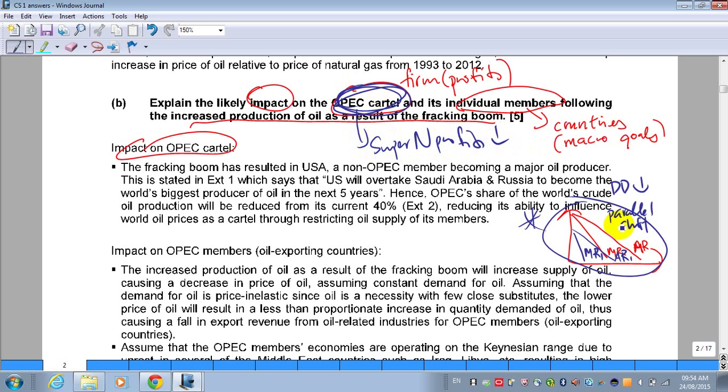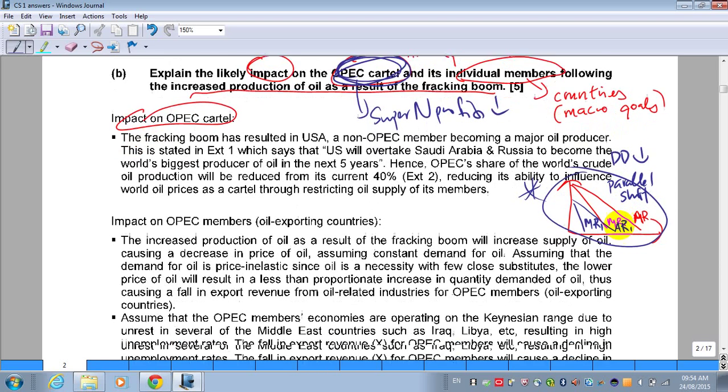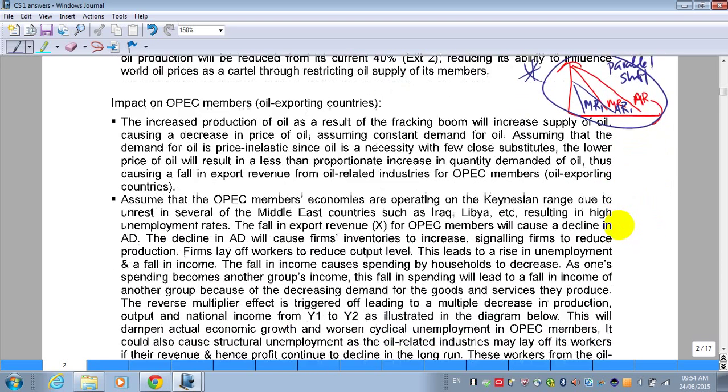Countries like Saudi Arabia are part of OPEC. If the demand for its products falls and its profits fall for the cartel as a whole, it also means that Saudi Arabia's export revenue is falling because it's earning less from its oil.